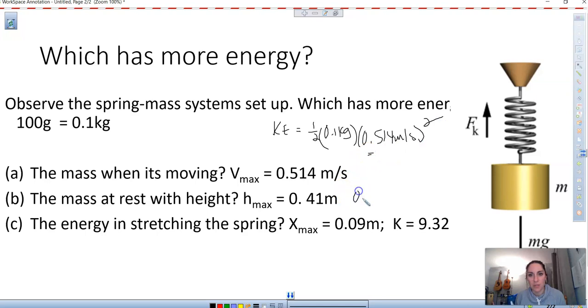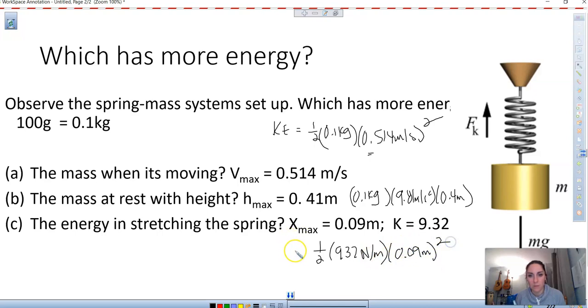This is mgh, and then this is 1/2 kx squared.